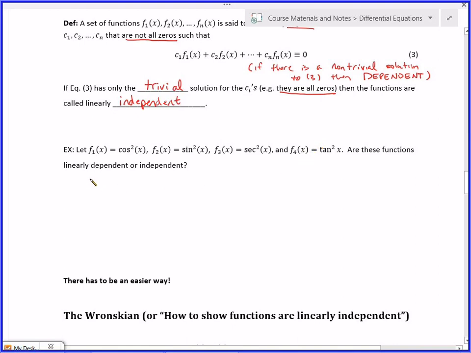So one way to check that is just by virtue of the definition. That is, take C1 times F1 plus C2 F2 plus C3 F3 plus C4 F4 equals 0, and solve for C1 through C4.